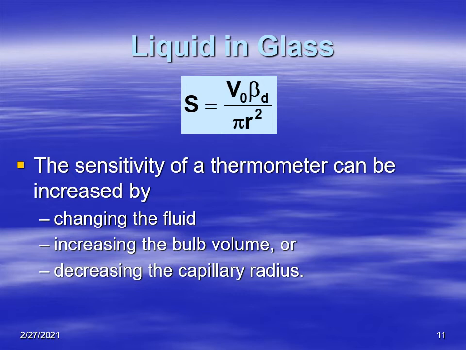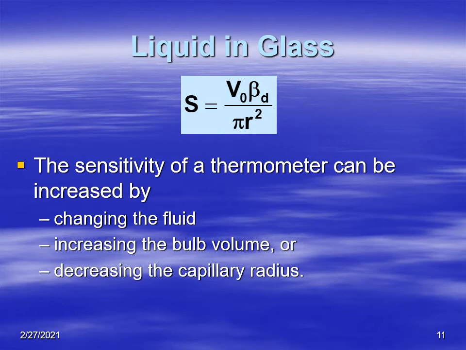V naught is the initial volume of the fluid, in other words, the amount of fluid, whether it be mercury or alcohol, in the bulb at the bottom of the thermometer. The other thing that you can do is change the thermometric fluid, in other words, go from mercury to alcohol or perhaps something else that expands even more than glass to give you a good increase in sensitivity.